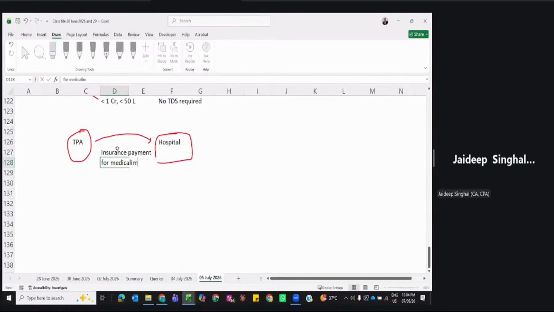A customer has claimed insurance at my hospital, so they are charging for the insurance payment for mediclaim. Then on this, TDS under 194J will apply.